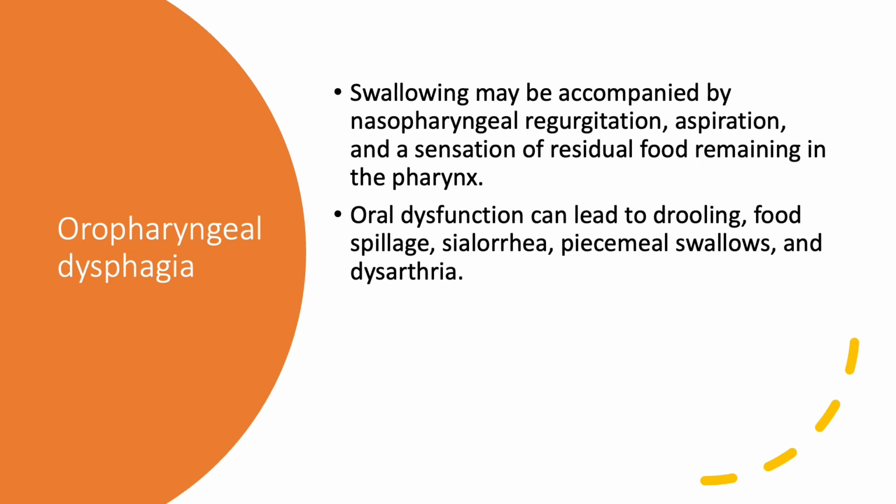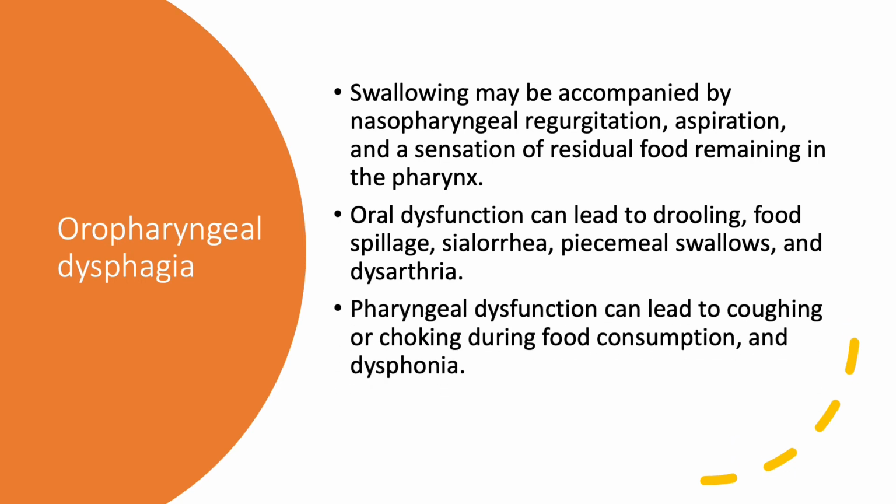Oral dysfunction can lead to drooling, food spillage, sialorrhea, piecemeal swallows, and dysarthria. Pharyngeal dysfunction can lead to coughing or choking during food consumption and dysphonia.